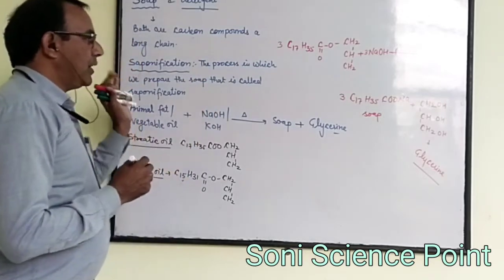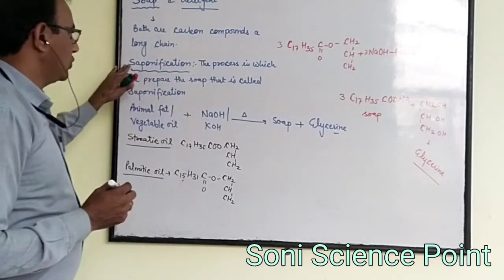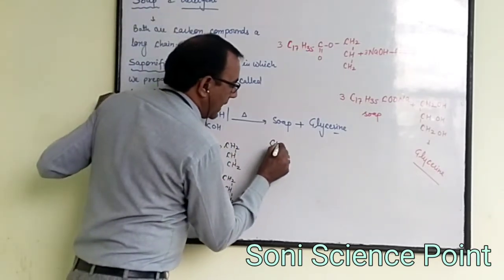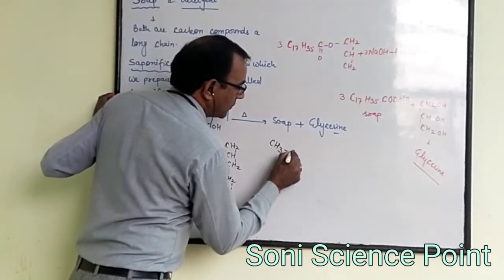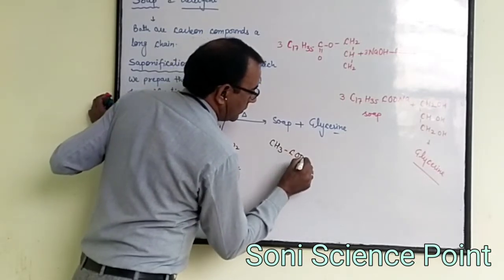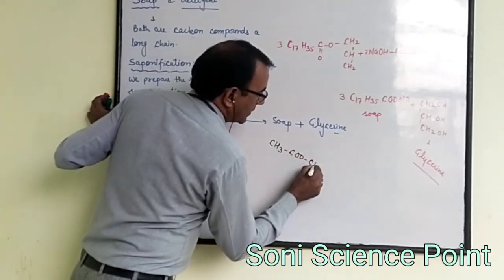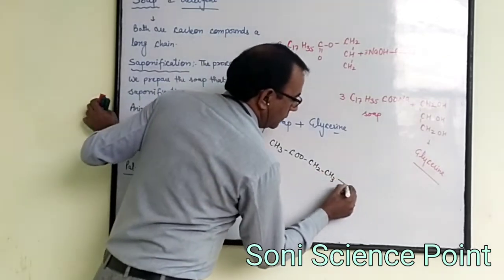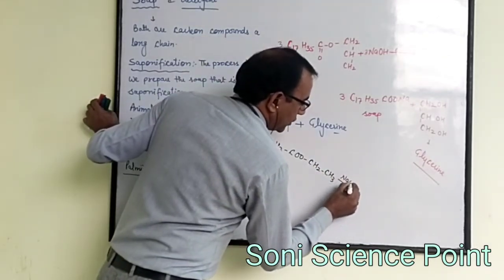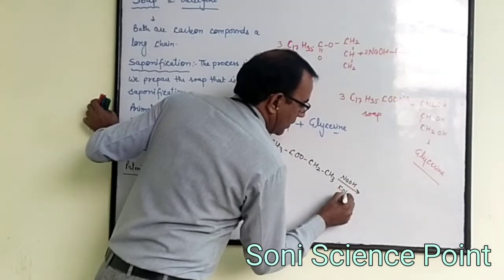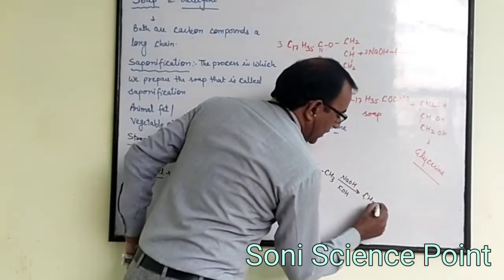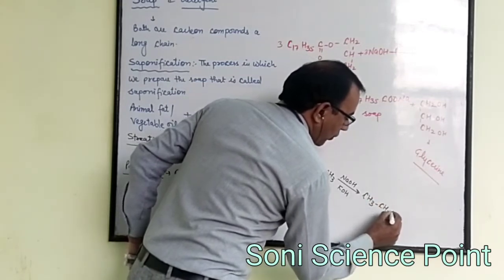Simply, how can we produce soap? We can take the process of saponification. What do you understand by saponification? When ester is heated in presence of NaOH or KOH, we can obtain ethanol, CH3CH2OH.